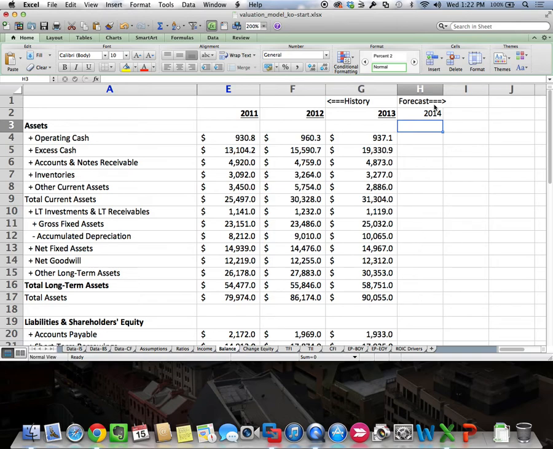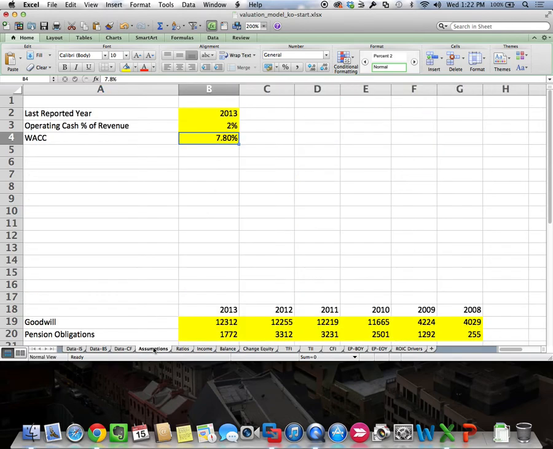Now the first line item is operating cash. That ratio is on the assumptions tab. It's 2%. Right? We can always change it later. So here's how we're going to do this. This is a percentage of revenue.